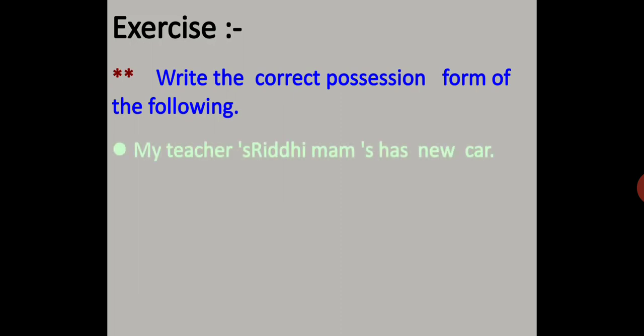The first sentence is, my teacher's Riddhi ma'am's has new car. The sentence is totally wrong. How can we write it in the correct form of the possession? We are talking about only one person, but we are using two different words for the one person. Then what can we do?